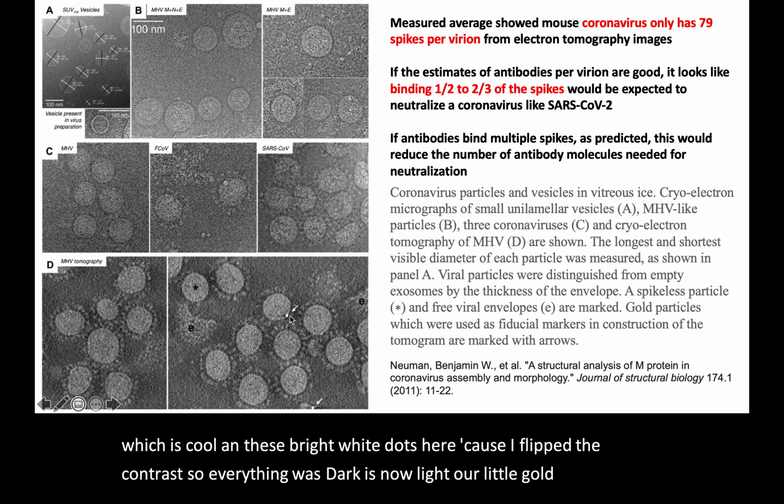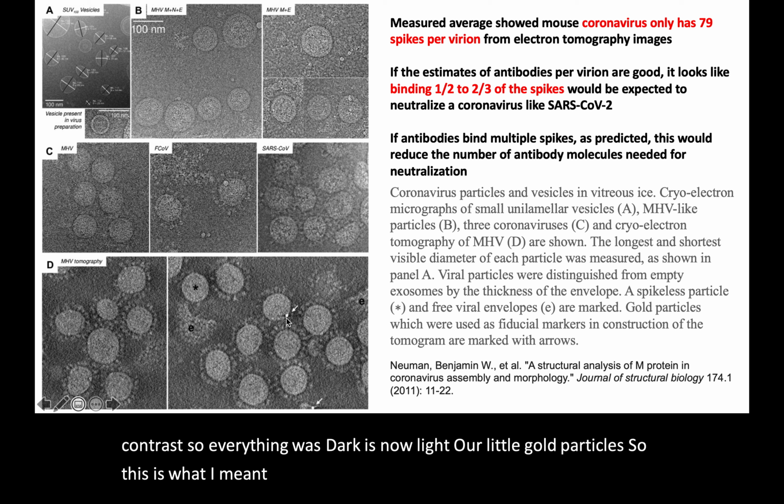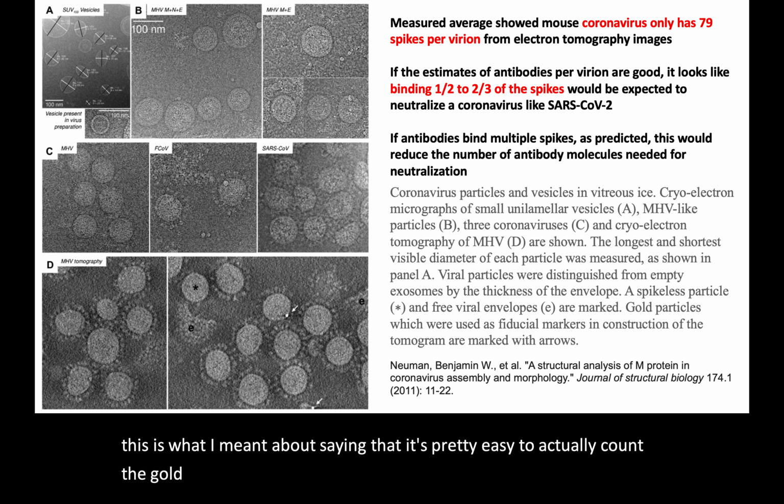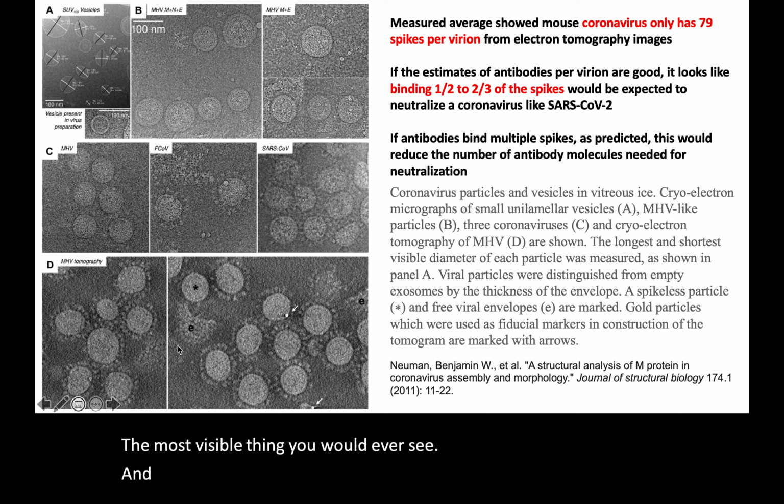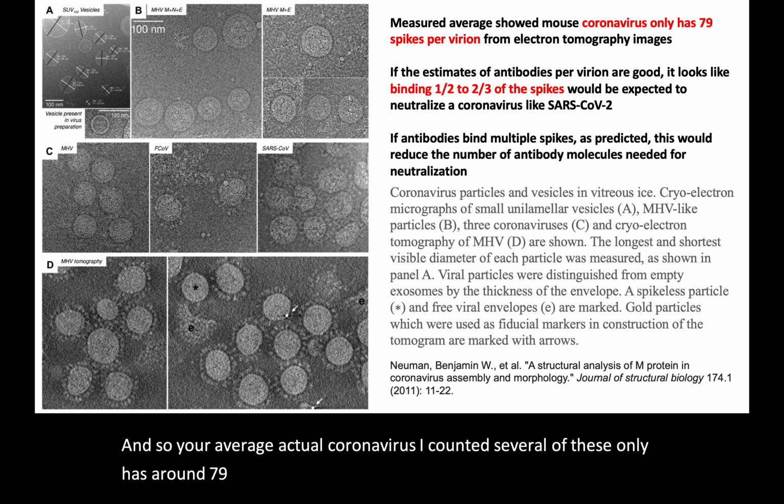So this is what I meant about saying that it's pretty easy to actually count the gold particles anywhere near something, because they are the most visible thing you would ever see. And so your average actual coronavirus, I counted several of these, only has around 79 spikes on it. So 79 out of 90, it's not perfect, but it's pretty good.